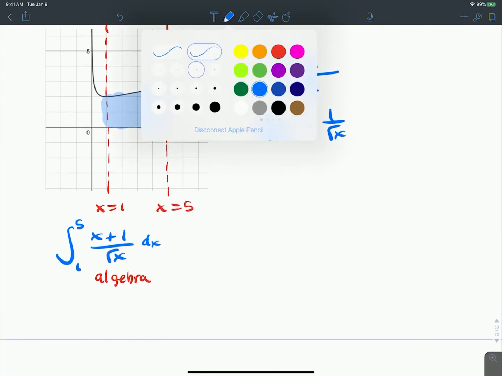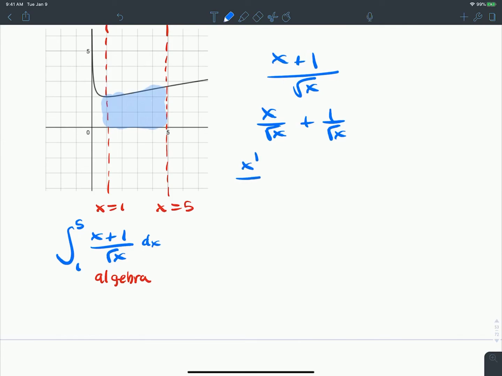Now your powers here, if we look at this, is the first power, x to the 1/2 power, and we're going to write this eventually as x to the minus 1/2 because we're going to use the power rule here with this. But we have to perform the arithmetic here. Properties of exponents, beginning algebra.